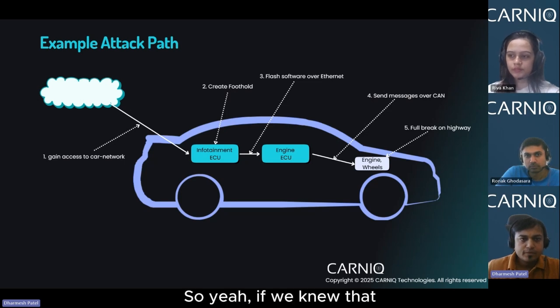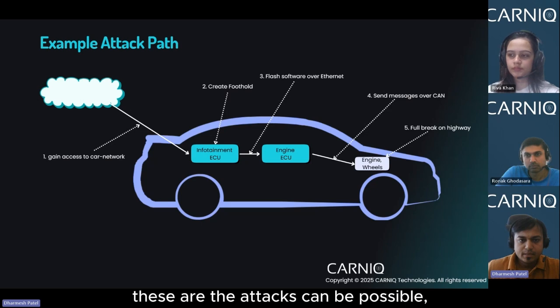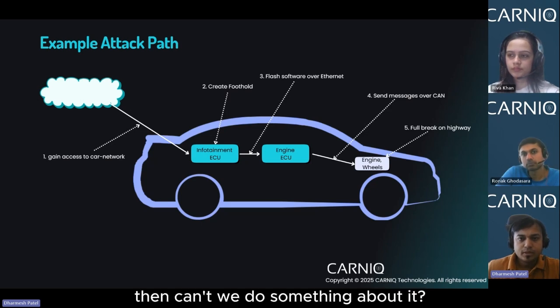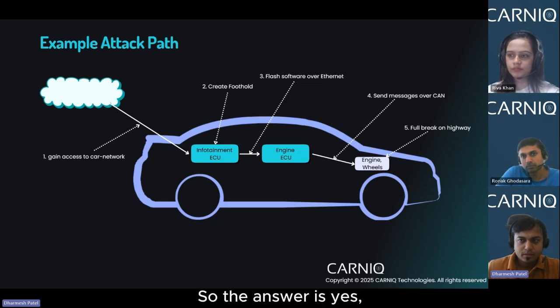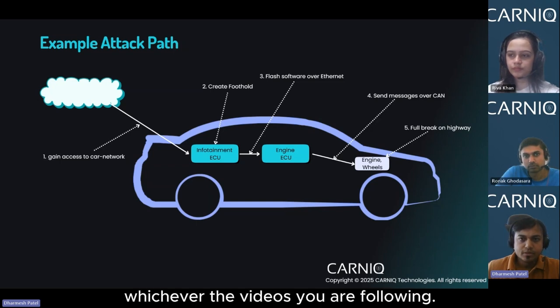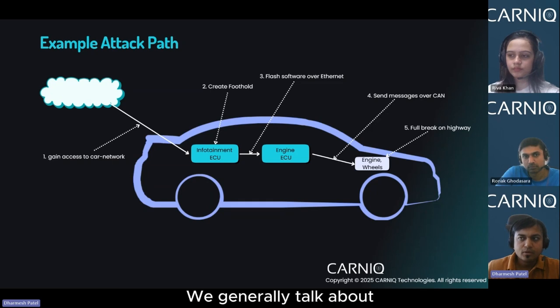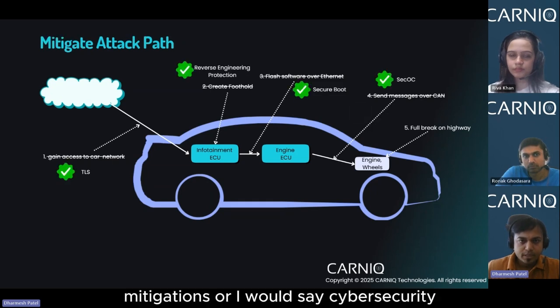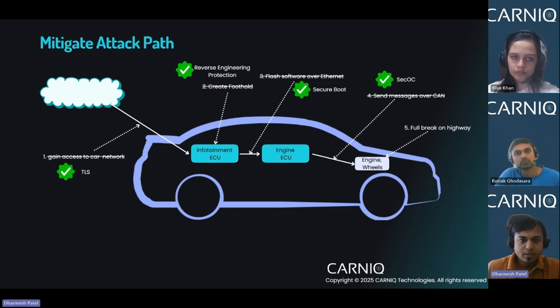So if we know that these attacks are possible, then can't we do something about it? The answer is yes, we can prevent this. Generally, in this video series, we talk about the mitigations, or I would say cybersecurity controls or measures.